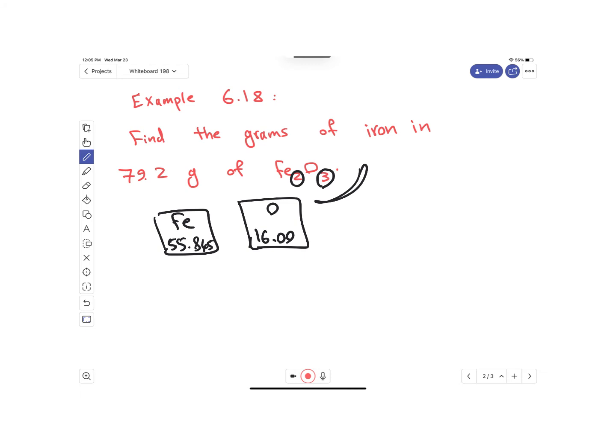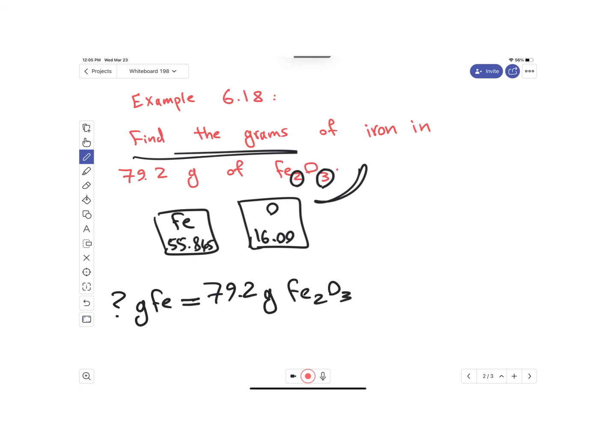So can you also write what this compound is? So you have 79.2 grams of Fe2O3, right? In the next step here, you write how many grams of iron is in 79.2 grams of Fe2O3.